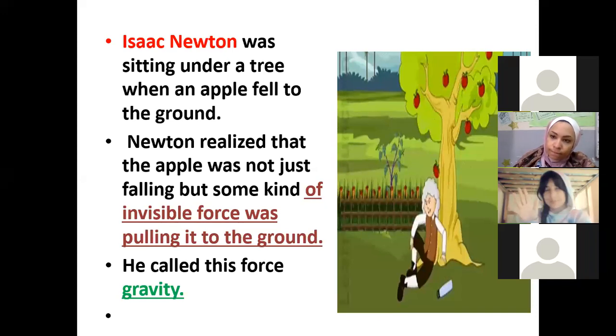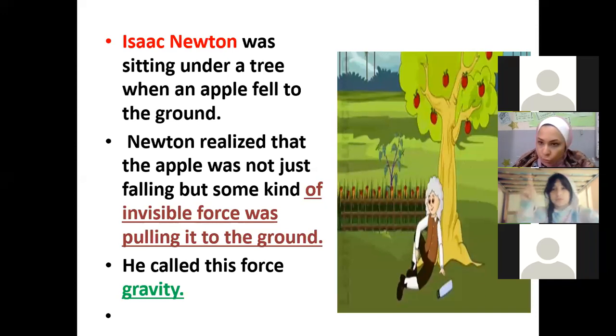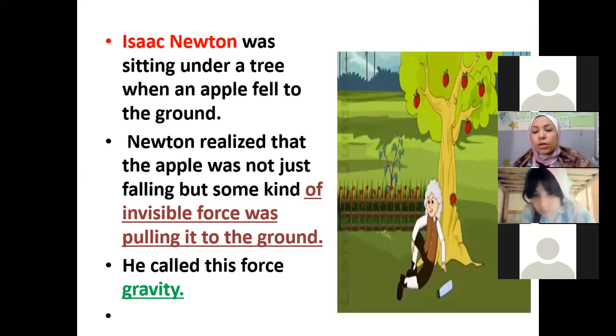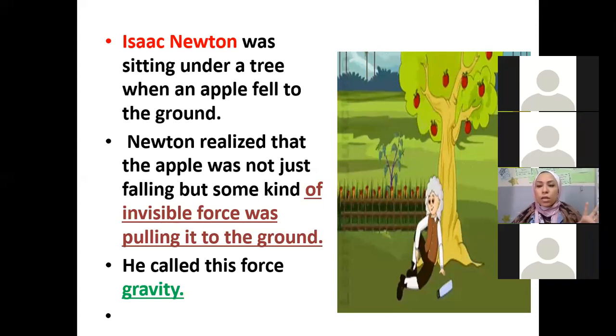What is the unit of the mass, Ahmed? Kilogram. Grams or kilograms? Thank you, Ahmed. Now, what is the unit of the weight?